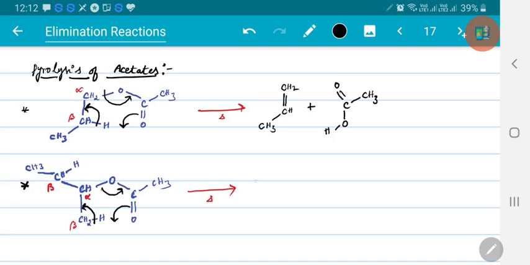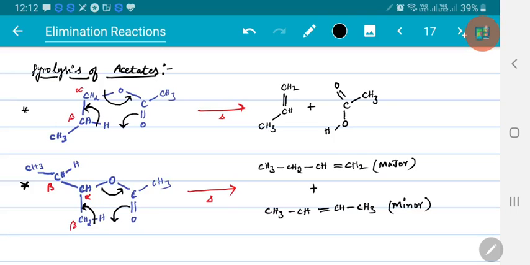So the product is CH3 CH2 CH double bond CH2. This is the major product. Of course some minor product is also obtained. The minor product is from abstraction of this hydrogen. So you will get CH3 CH double bond CH CH3, the Saytzeff product, which is the minor product.